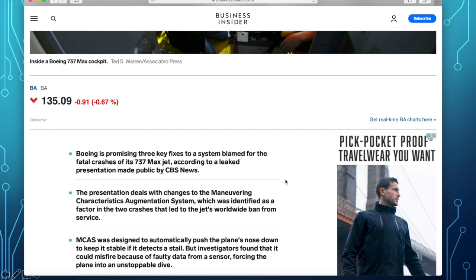The Boeing 737 Max jet was fitted with a larger and more efficient engine, but they had to change the design.